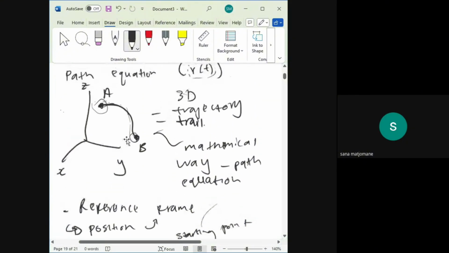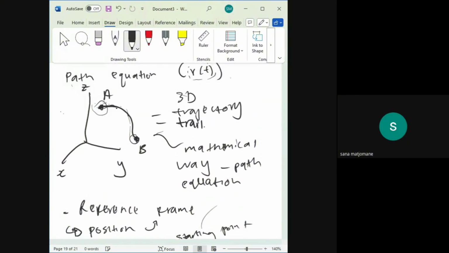Same as when it comes to my particle moving from point A to B, I need somewhere I can measure the position from. So a reference frame is just a fixed coordinate system. When I say coordinate system, I mean your X, Y, and Z, which you're familiar with, from which you observe the motion.